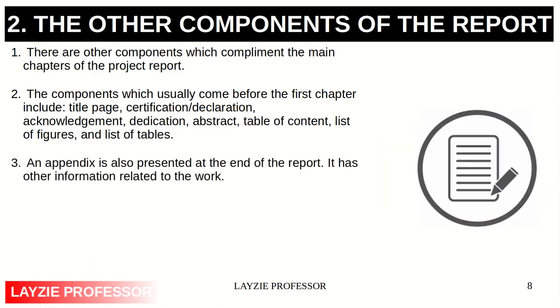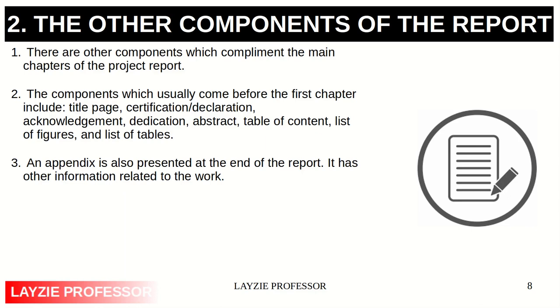And usually, at the end of the report, you may also have an appendix, which has information related to the work, but which may not necessarily be required inside the main work, like maybe some detailed process that you went through to do some calculations for some variables. Those aspects of the work may not have room or space inside the main report. In the main report, you may present just a result.